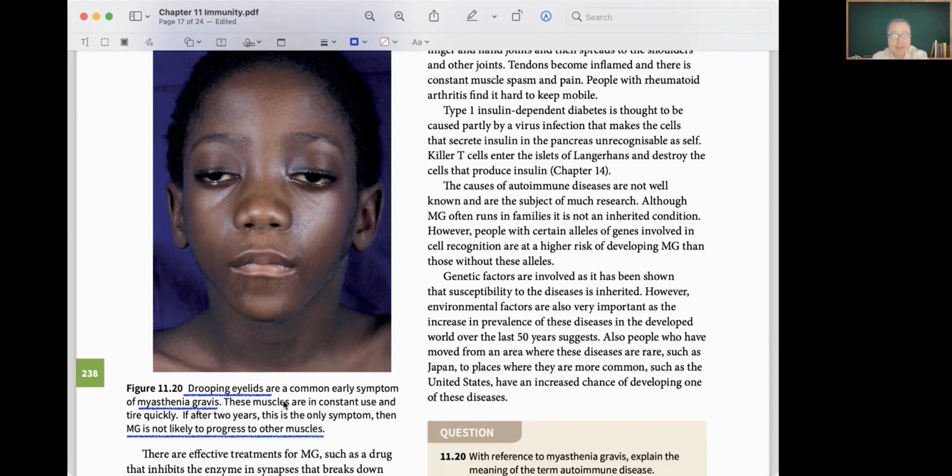Drooping eyelids are a common symptom of the disease called myasthenia gravis. Myasthenia gravis in Chinese, 重症肌无力. Now please write down the name of the disease and its corresponding Chinese translation, 重症肌无力, myasthenia gravis.